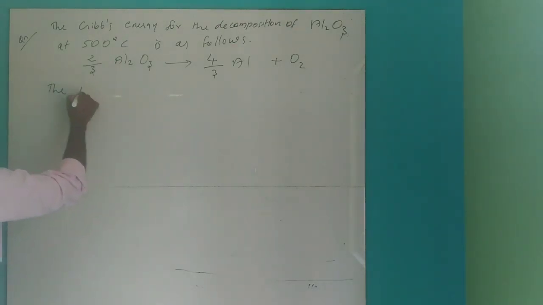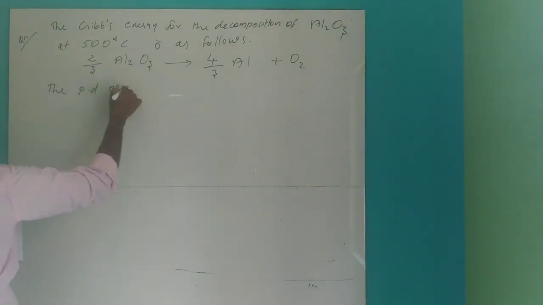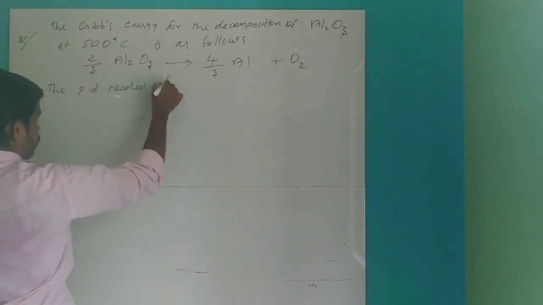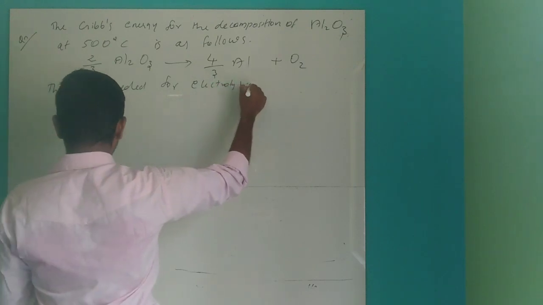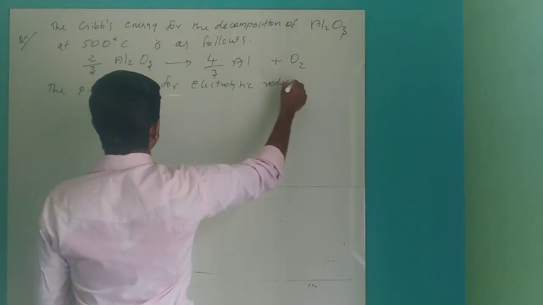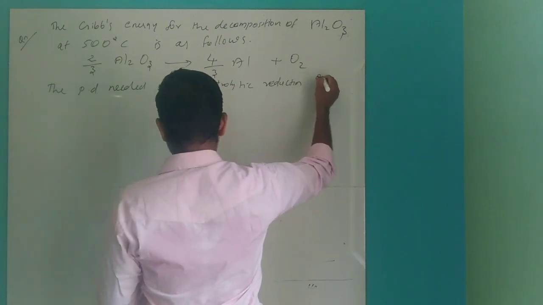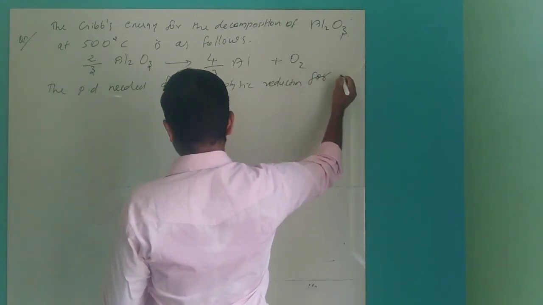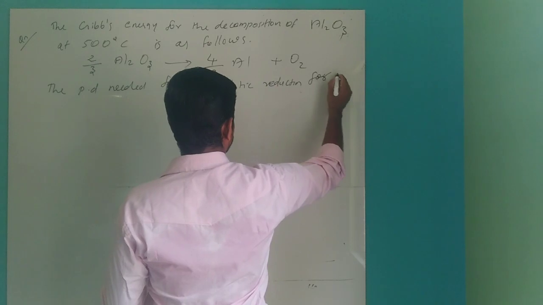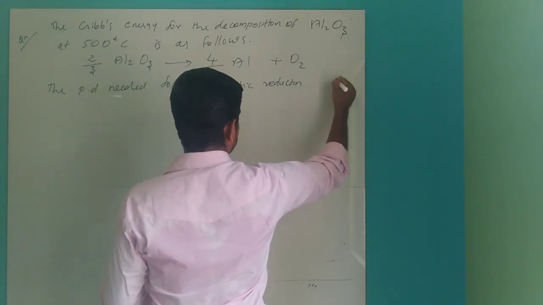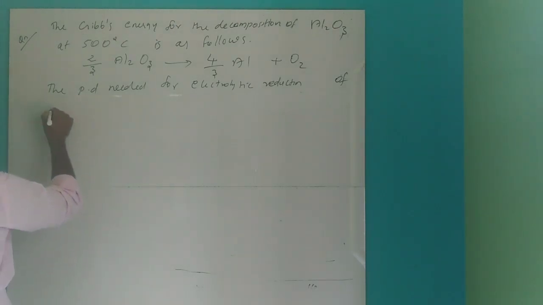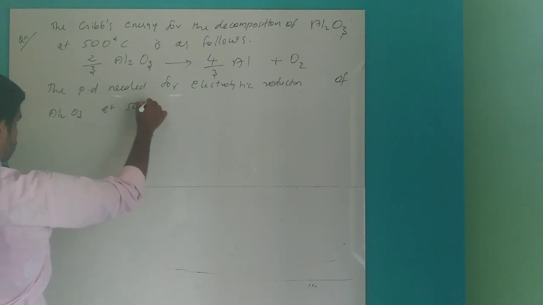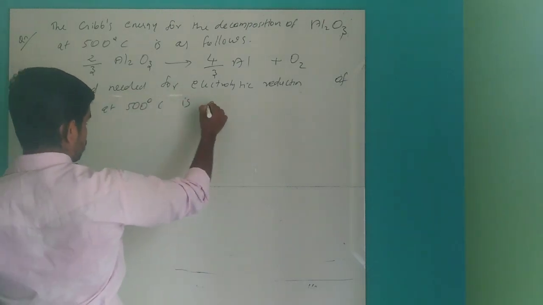The potential difference needed for electrolytic reduction of Al2O3 at 500 degrees Celsius is at least.